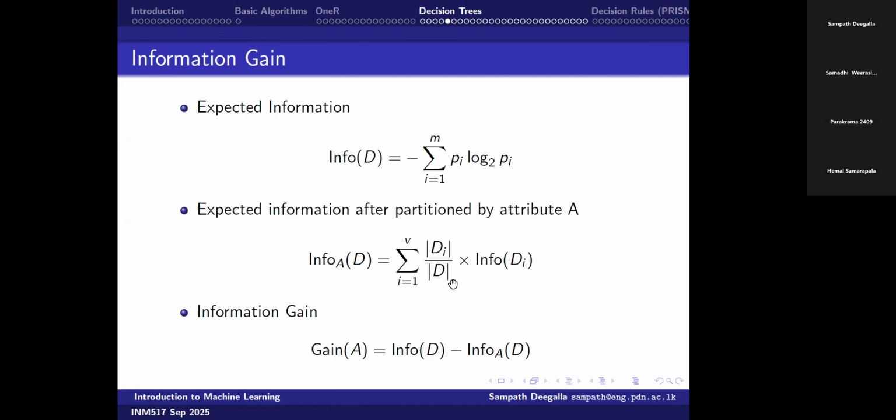Proportionally, you are going to calculate the information, and then you get the difference. So before you split the data, you calculate the information. Then you calculate the information after the split from the attribute, and then you get the difference. And this is what we call the information gain. This is the criterion we use to select the attribute.